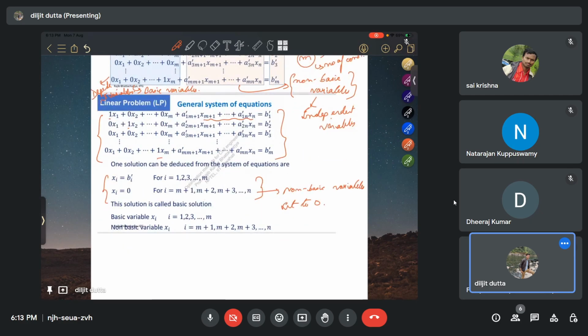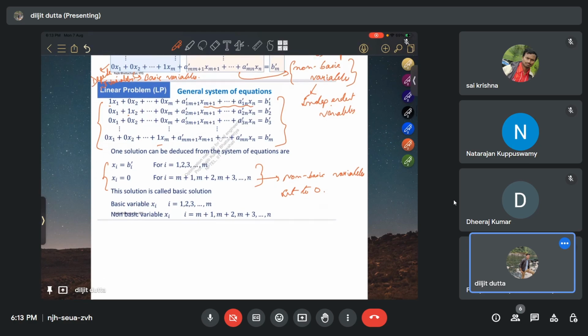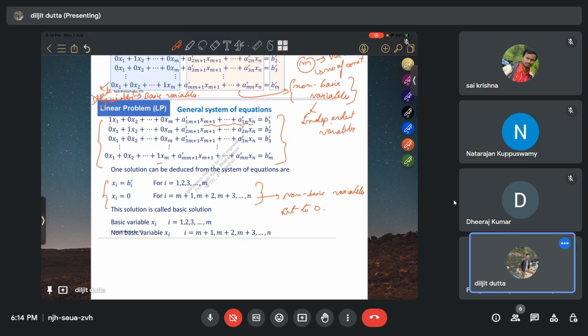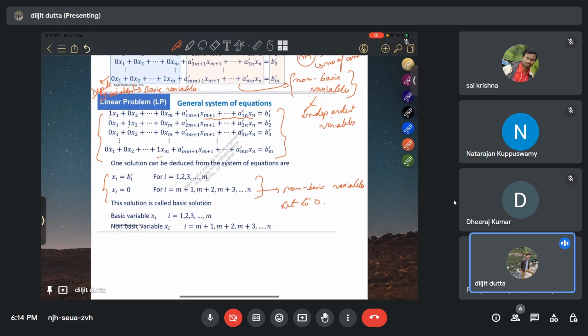Now we can get the solution for the basic variables by setting the non-basic variables equal to 0. If we set all the non-basic variables to 0, we will get the basic solution. So the basic solution will be xi equals bi dash, that is x1 equals b1 dash, x2 equals b2 dash, and so on up till xm equals bm dash.